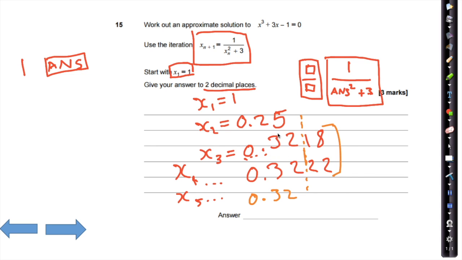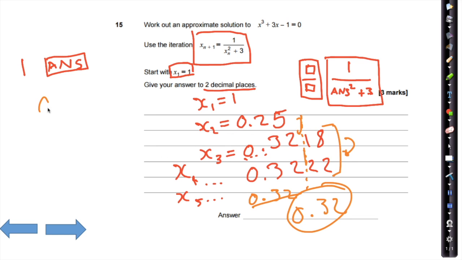Then that is your answer. If we rounded the earlier number to 2 decimal places, it is already to 2 decimal places, so it would be 0.25. You see that it changes, and where you see the first change of number which keeps the 2 decimal places rounded to the same thing, that will give you the answer.